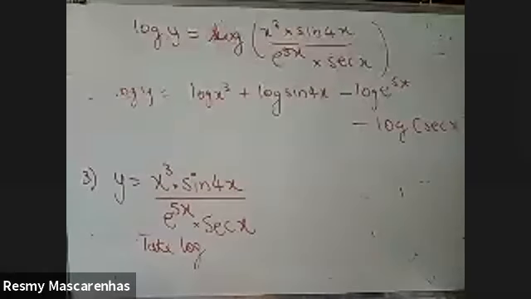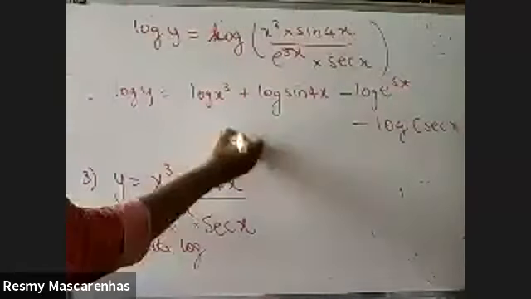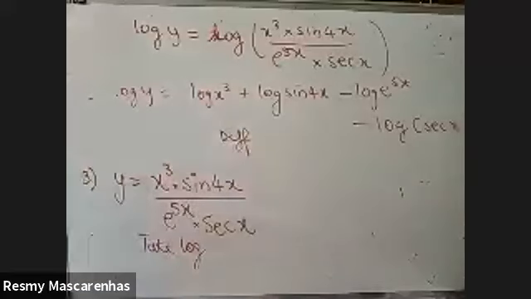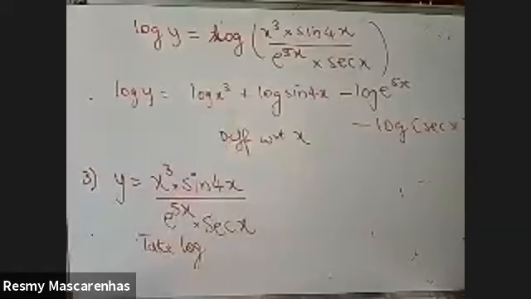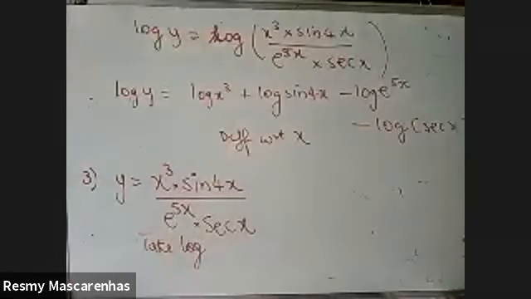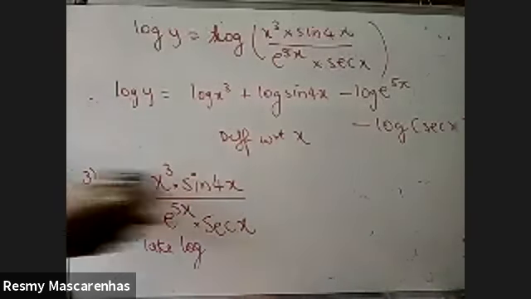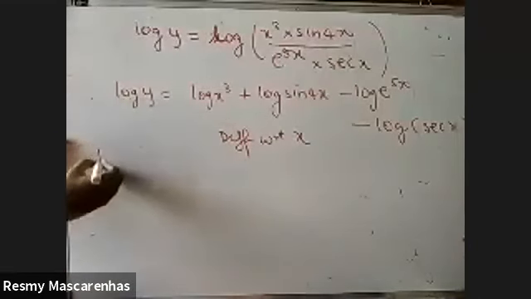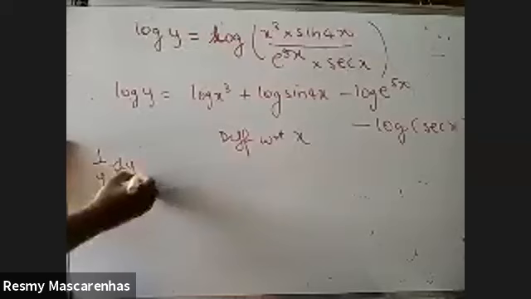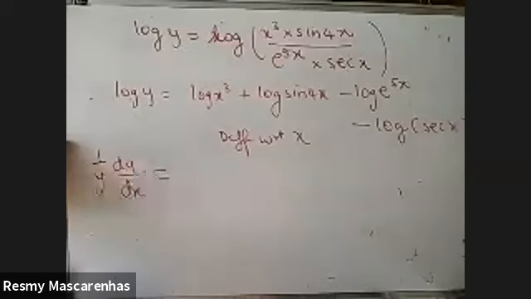And now differentiate. So find derivative of all the functions. So this will be as it is, 1 upon y dy by dx.